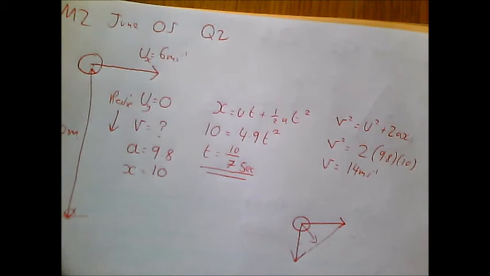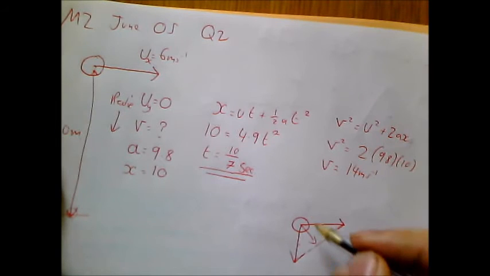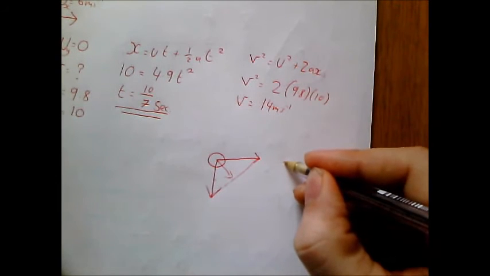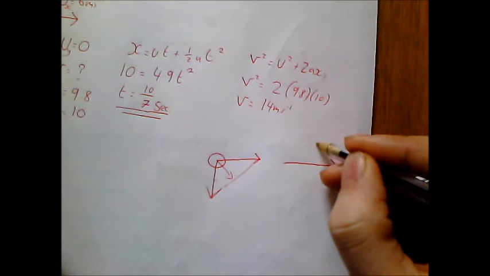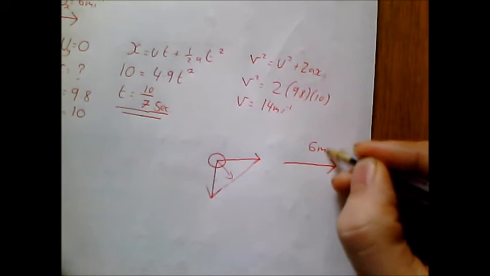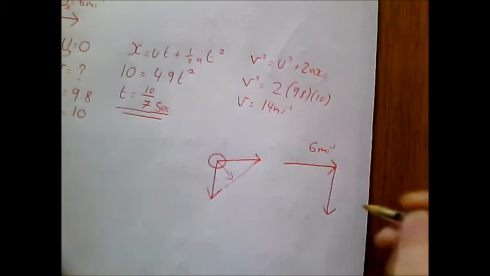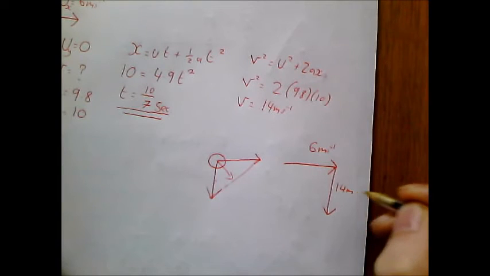Now filling in my velocity triangle, I'm just going to slightly adapt this so it's a little bit clearer for you. My ball is effectively going to be travelling at a speed this way of 6 meters per second and down at 14 meters per second.